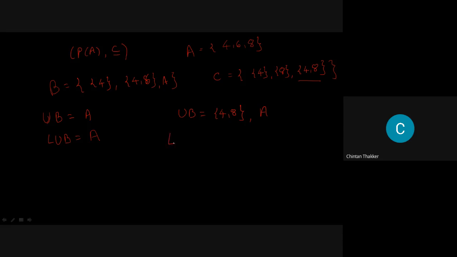Now the least upper bound. Here {4, 8} is a subset of A, it cannot be a superset of {4, 8}. So {4, 8} is the least one, so it is the least upper bound. Okay, because {4, 8} is a subset of A. So the least upper bound is {4, 8}.